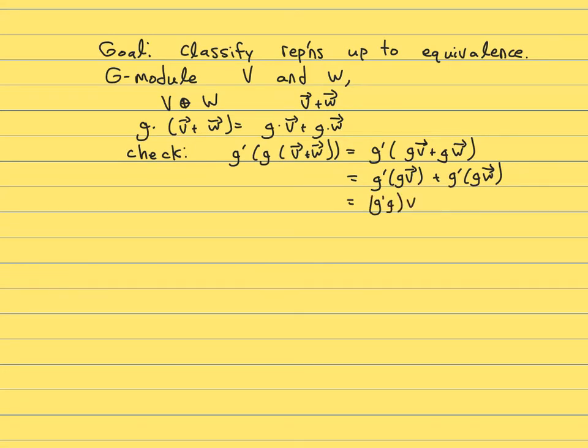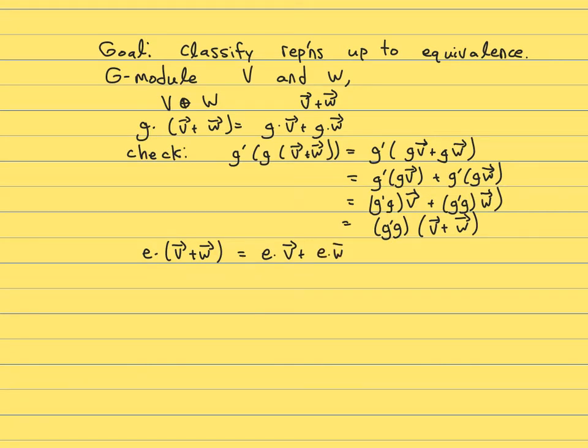But since I have a group action on V, I can move the two elements in G together, and then by definition of my action, I see I do actually have this associativity type property, and it's not too hard to see that the identity acts in the appropriate way. So it is a group action. Moreover, it's also linear.